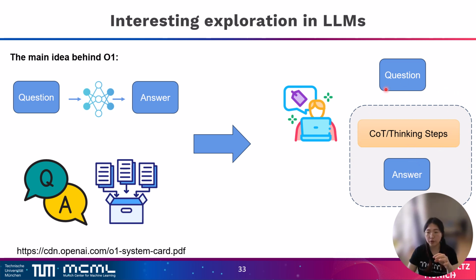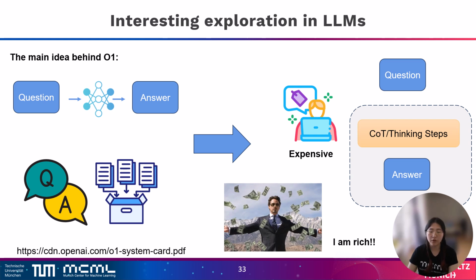We put this together as the answer, not just the answer, but also the chain-of-thought thinking steps, and then we train the model. This is, I feel, the most magic behind it. And of course, it's related to labeling, so it's quite expensive. But anyway, OpenAI is quite rich.